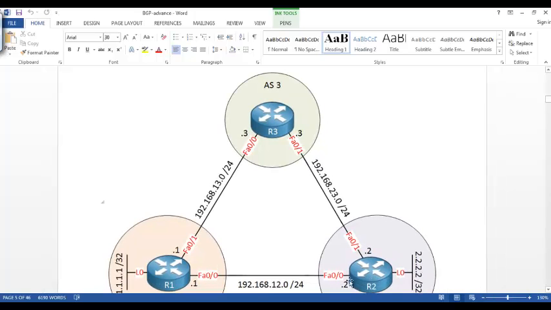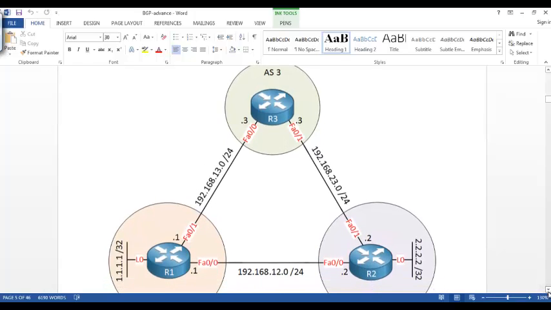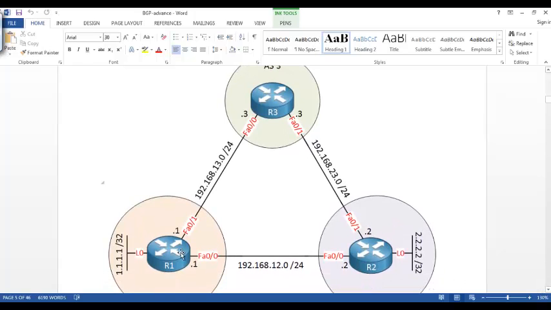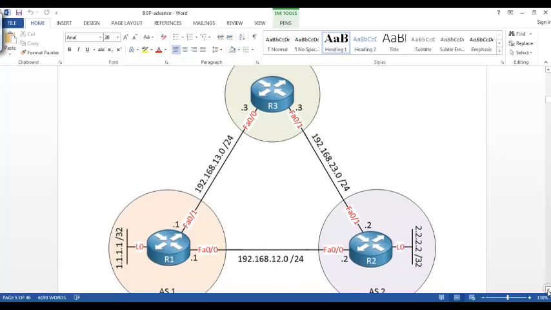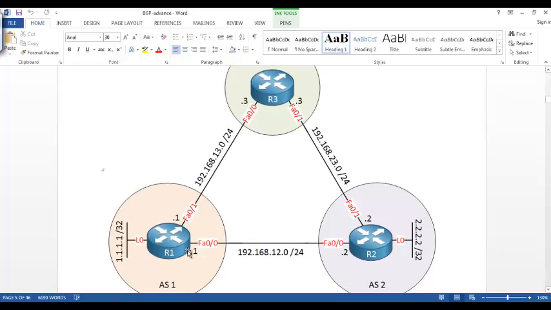What is the scenario? You've got two autonomous systems of your own. You run BGP with different autonomous system numbers, 1 and 2, and you also run a common IGP protocol between these two autonomous systems.